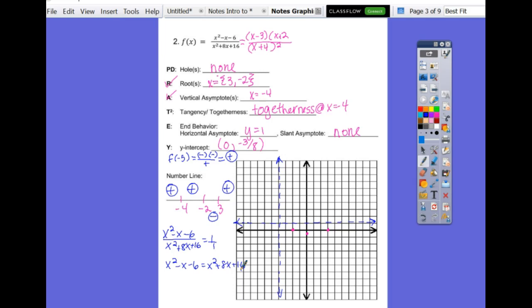So who has an idea what's going to happen here? What happens to the x squareds? They cancel out, correct? So how about my x's? Did the x's cancel out? So put the x's on one side and the numbers on the other. Move the x's to one side and the numbers to the other.